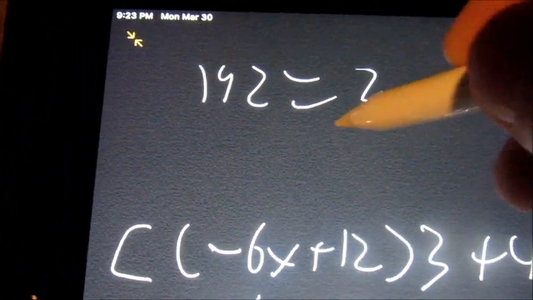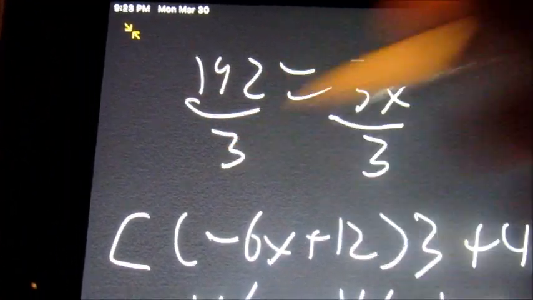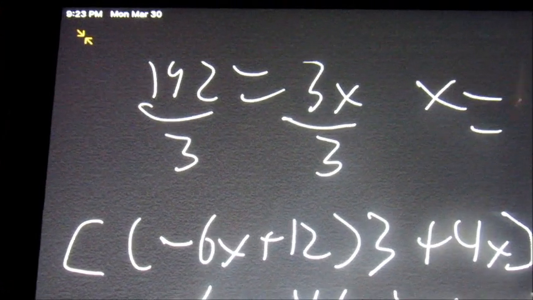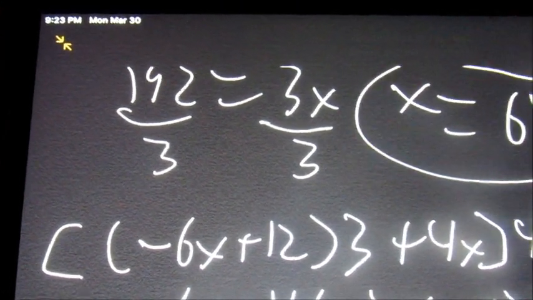So now I'm going to divide both sides by 3, and we're going to get x equals 64.